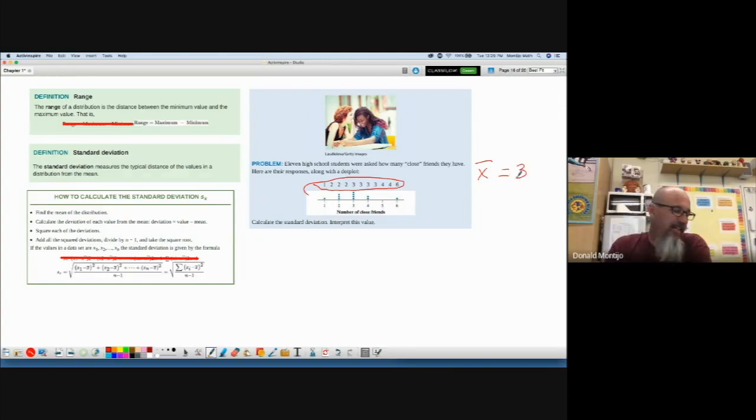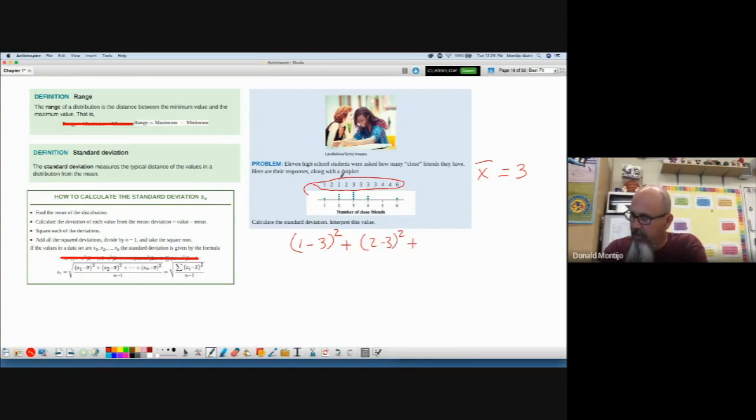Now, to find the standard deviation, I have to take each one of these values minus the mean. So I have to take 1 minus 3, and then square that.